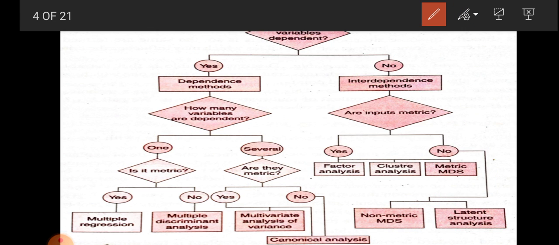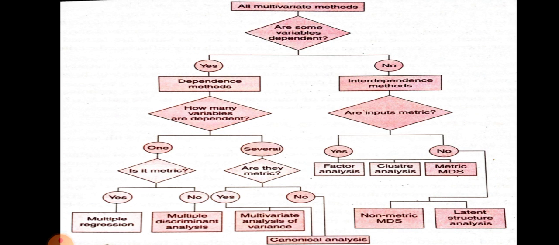So there are many multivariate methods, like multiple regression, multiple discriminant analysis, multivariate analysis of variance, canonical analysis, then factor analysis, cluster analysis, and metric MDS. Among all these methods, we have to study factor analysis.